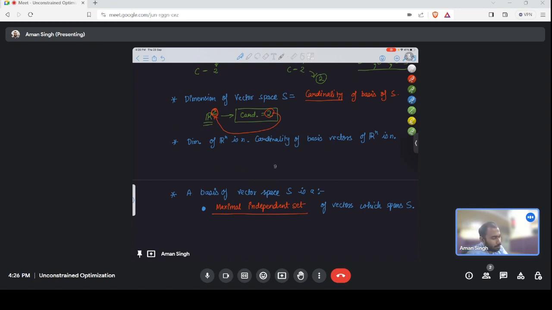I'll define what a maximally independent set is. Let me write one more property.